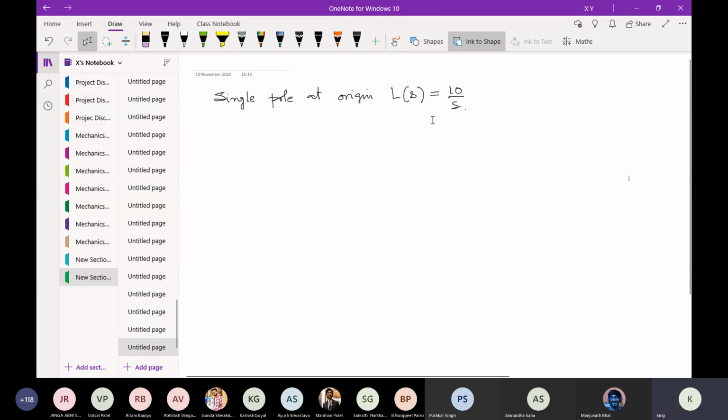So we'll be looking at a single pole at the origin. L(s) is equal to 10 by s.